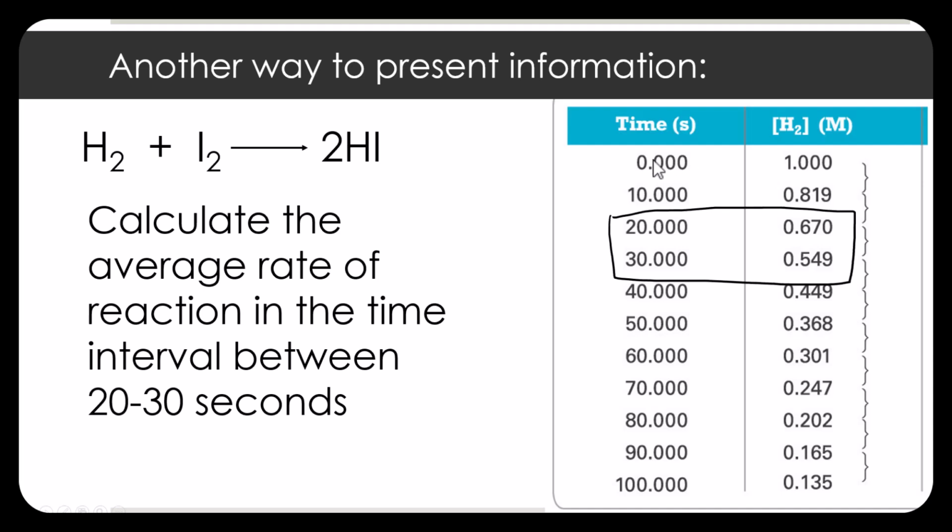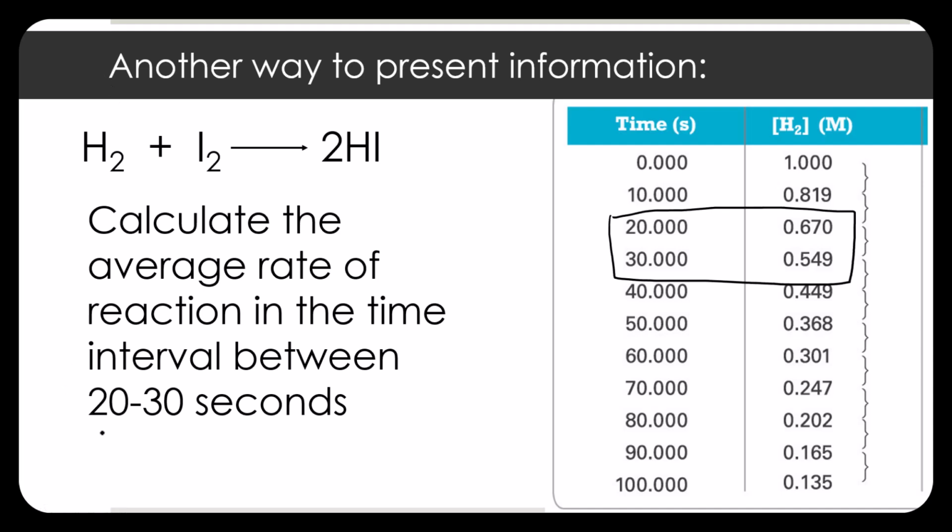So at time equals 0, we started with 1 molar hydrogen. After 10 seconds went by, it went down, 20, 30, 40, so on and so forth. So they just monitored the concentration of hydrogen every 10 seconds. Well, we want to know what was the average rate during the 20 to 30 seconds.